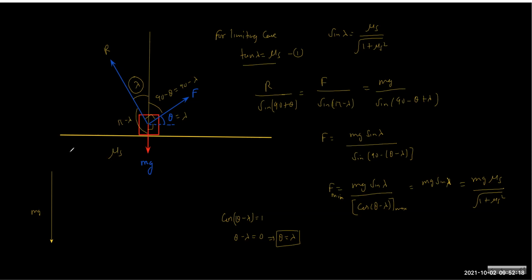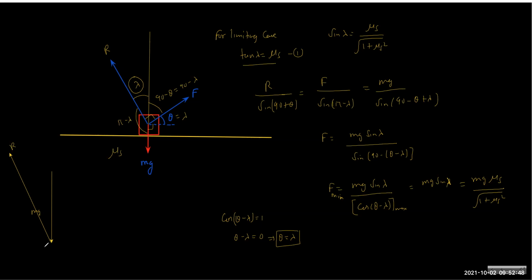And now the R vector we have to draw from, let's say, the tip of the mg. I draw the next vector, the R vector. So let's say the R vector is something here. So this is the mg vector.